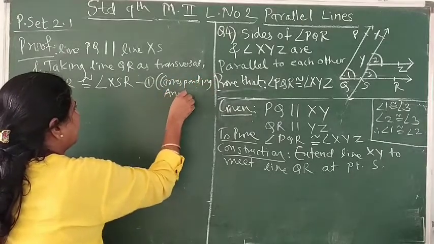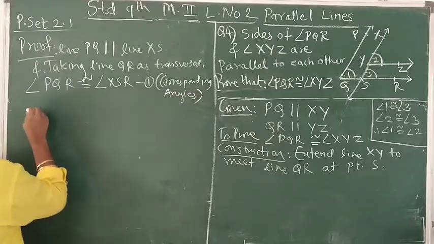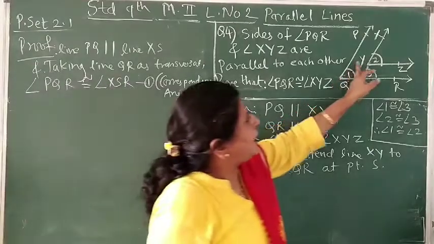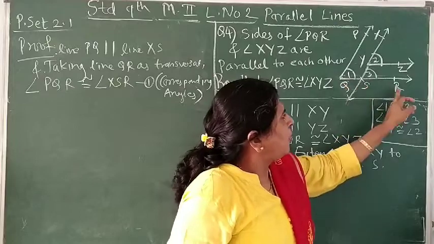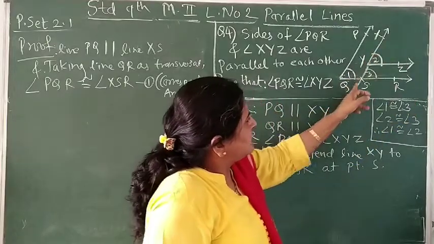Now lines YZ and QR are parallel, and this is the transversal.